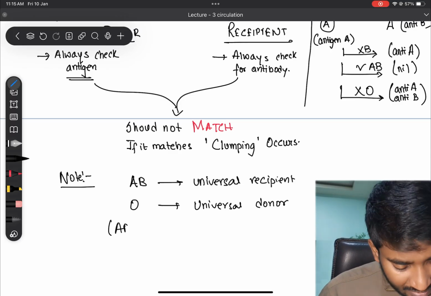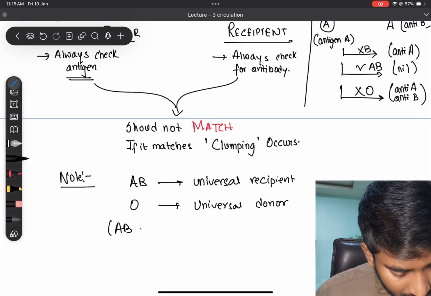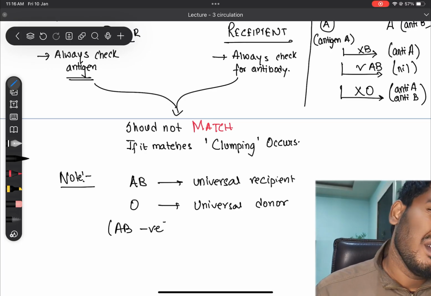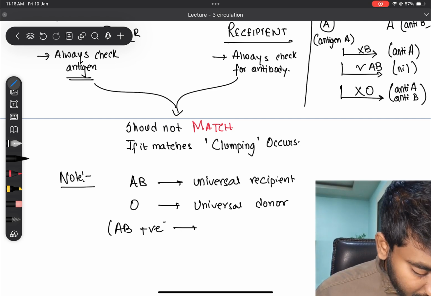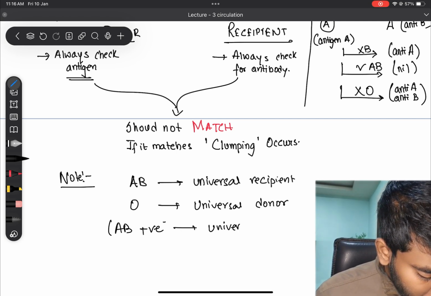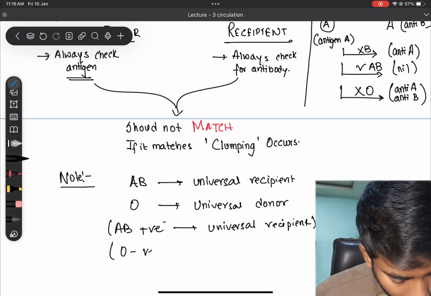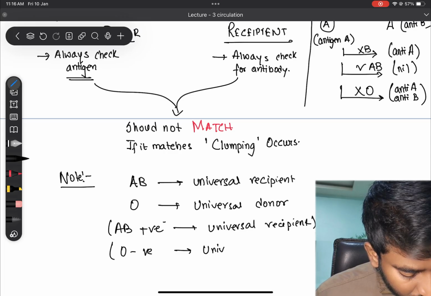Precisely you can say AB positive is a universal recipient and O negative is the universal donor.